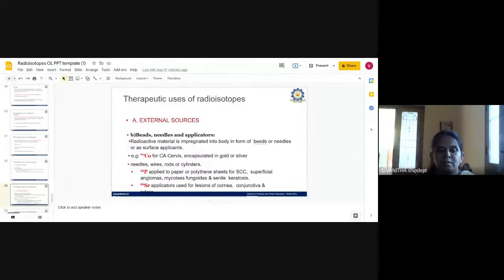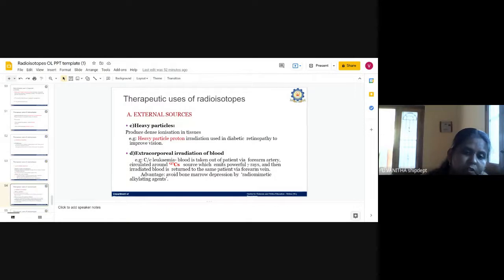Here we use beads and needle applications, in the form of radioactive material impregnated into the body, and surface applicators. Phosphorus-32 is applied to paper or polythene sheets for superficial treatment. Strontium applicators are used for conjunctival and scleral treatment.